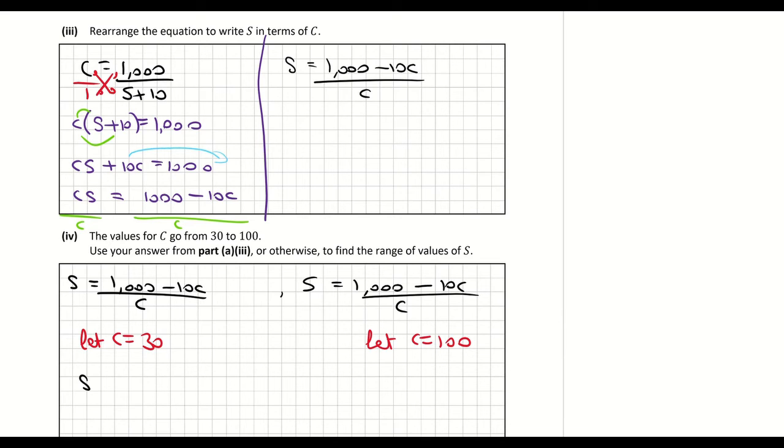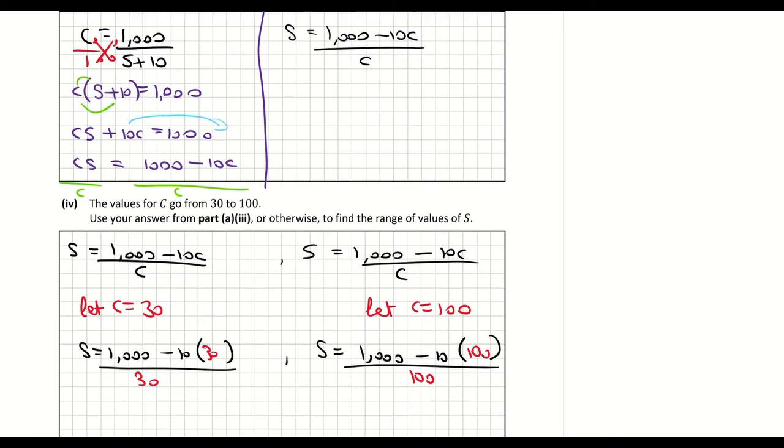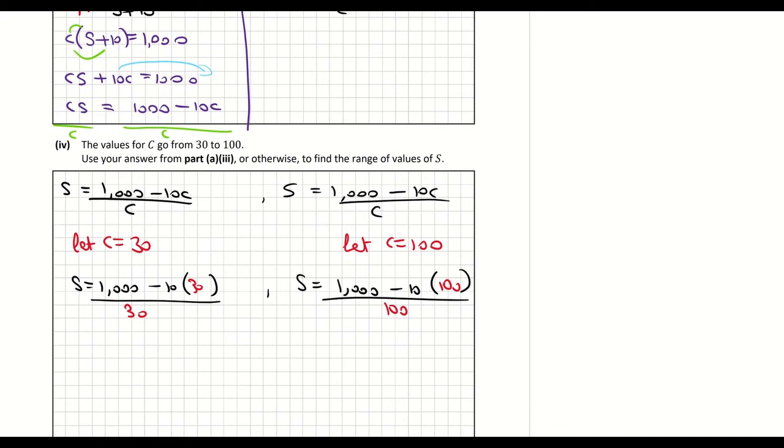So that's going to give me S is equal to 1000 minus 10 times 30, divided by my C, which is 30. And in my second value, it's going to be S is equal to 1000 minus 10 times 100, over 100. Okay, so when I work that out on my calculator, I'm getting my first value of S to be 23.3, and S is equal to 0, in fact.